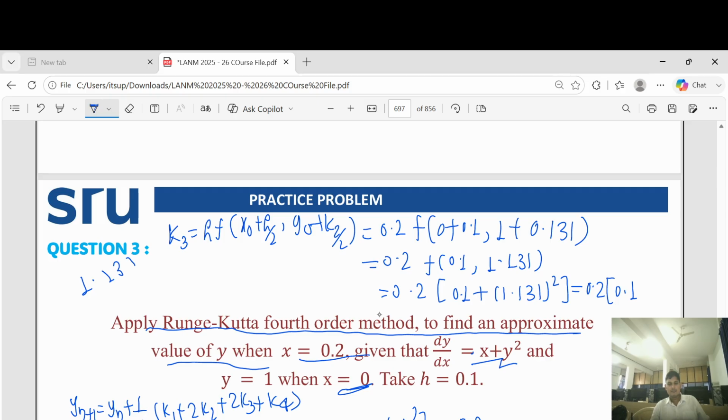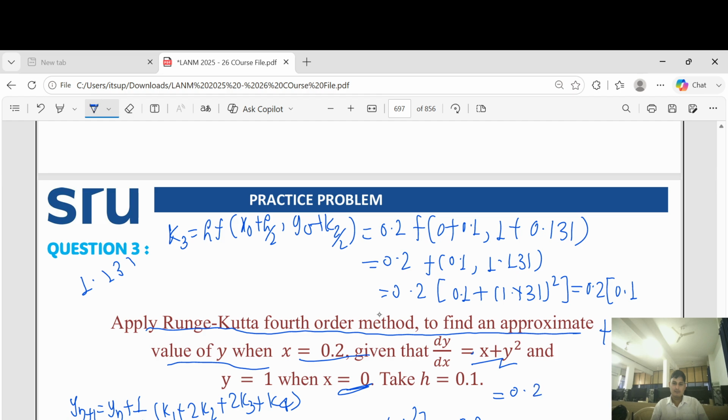You evaluate the square using the calculator. 1.131 into 1.131 is 1.2791.